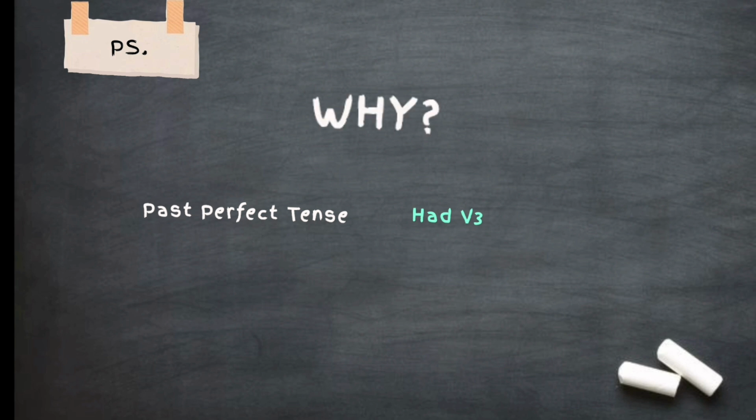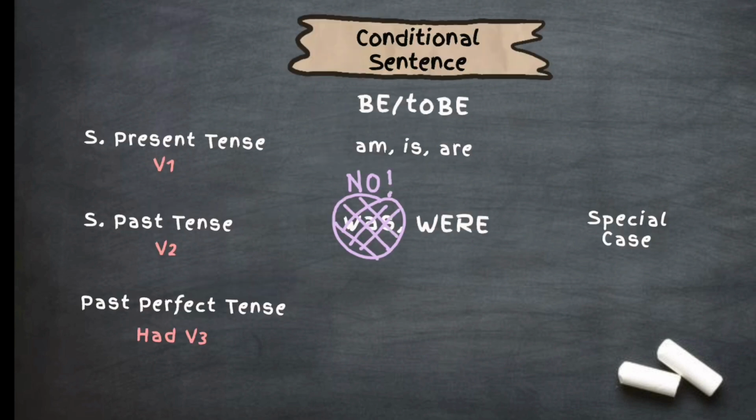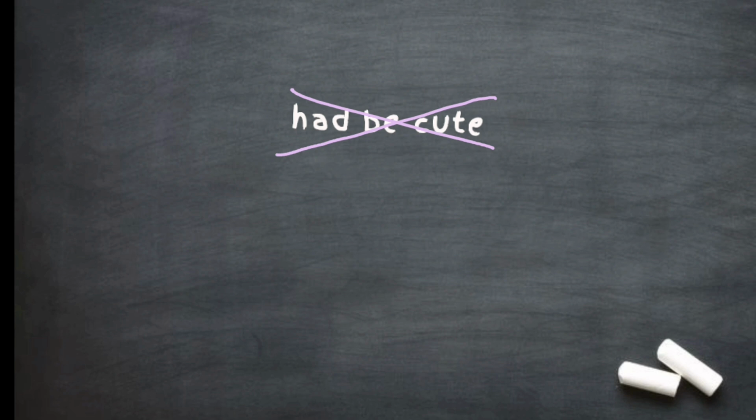We use past perfect because this happened in the past. For the had itself, if we want to add be, the be or the to be for had is been. So instead of saying had be cute, you need to say had been cute.